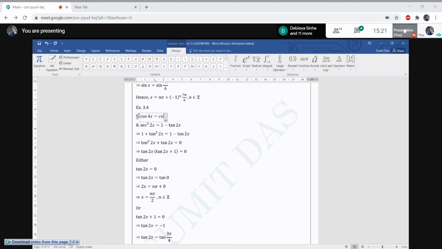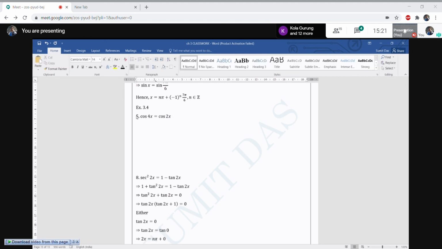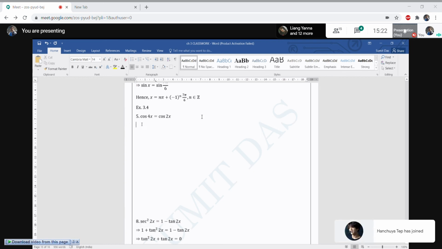This is cos 4x equal to cos 2x. Sine I already gave one example, now cos, tan also given. Now let's do cos. So we can use the formula.